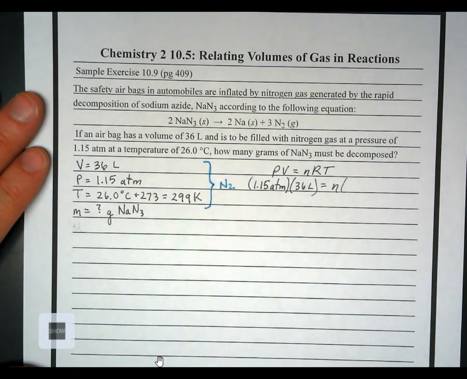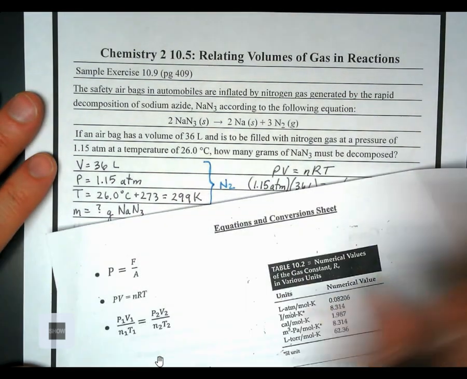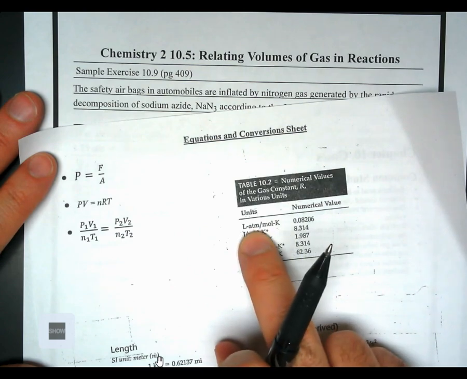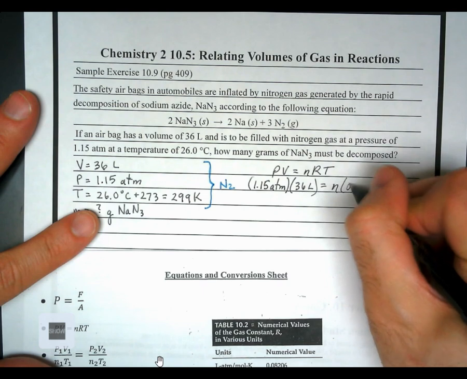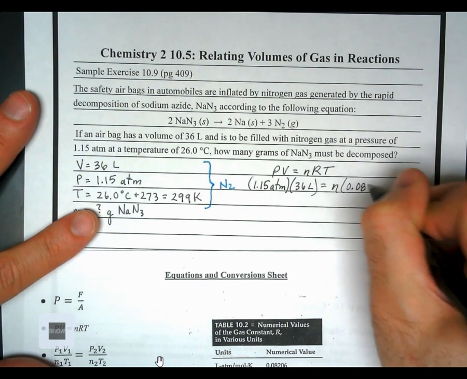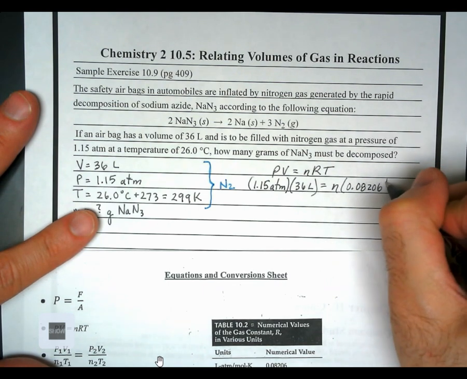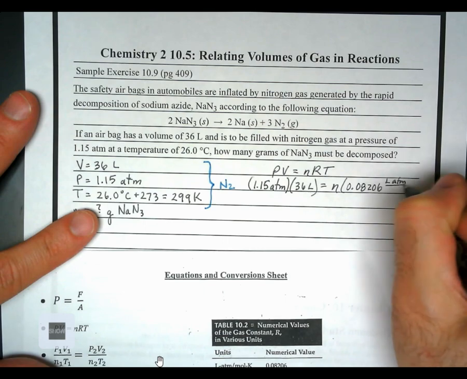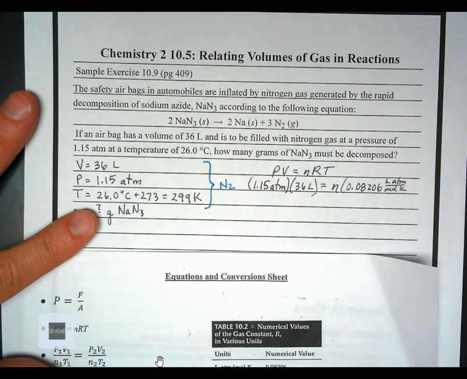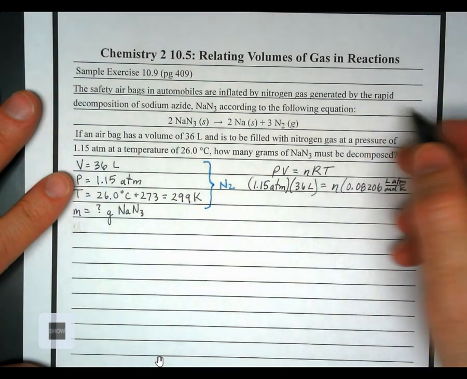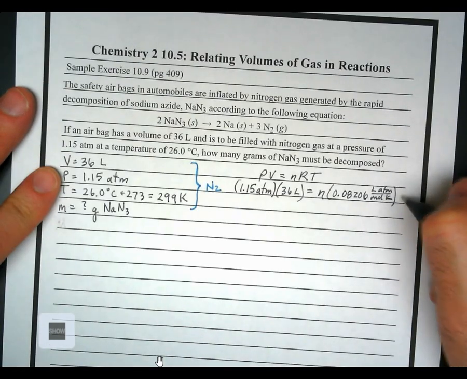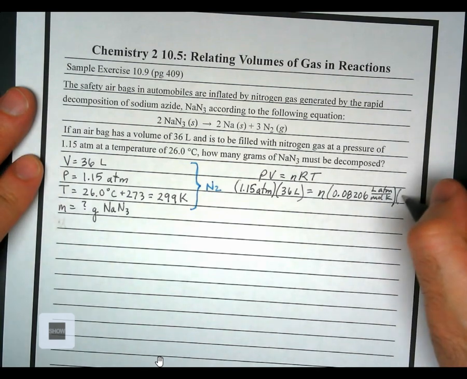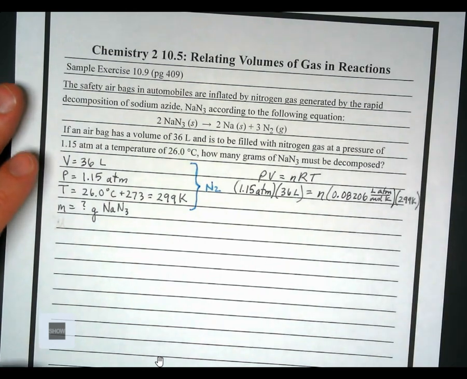For my R factor, I've got atmospheres and liters, so I'm going to use this one. Liters, atmospheres, moles K. So 0.08206 liters atmospheres over moles K. And temperature is 299 K. Okay.